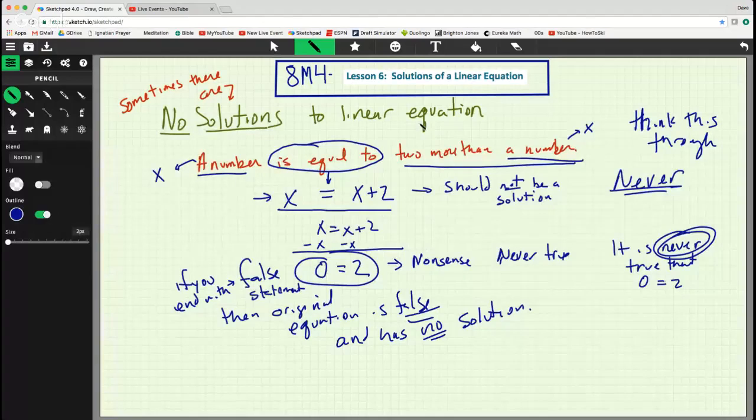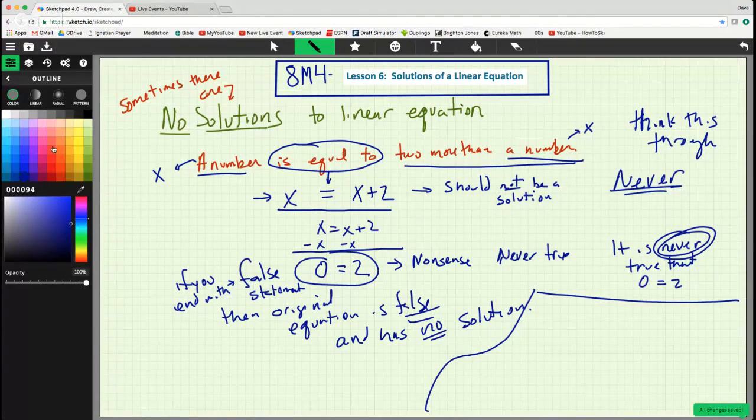Now watch, there's one other kind of equation where you'll get no solution. And I encourage you to try this one out here. And I'm telling you the answer is no solution. But this is one with distribution. So if we say 2 times x plus 1 equals 3x plus 2 minus x, you're going to get no solution. And watch how this works.